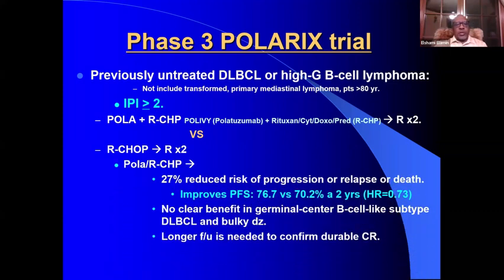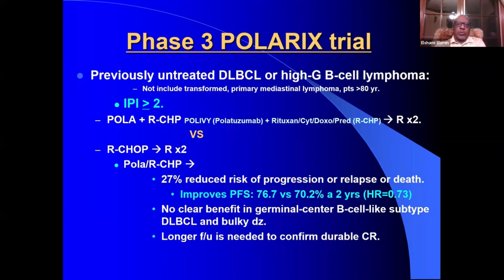So the results show that the experimental arm, which is the pola plus R-CHP, basically CHOP without vincristine, demonstrated a 27% reduction in the risk of progression, relapse, or even death.